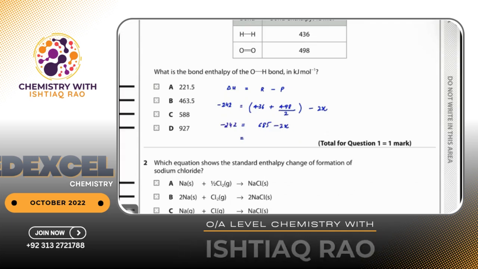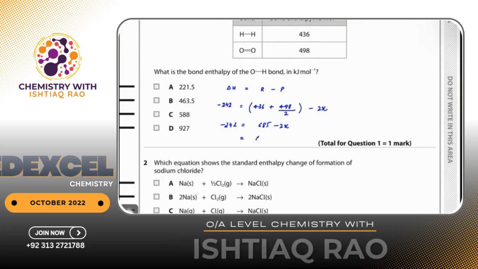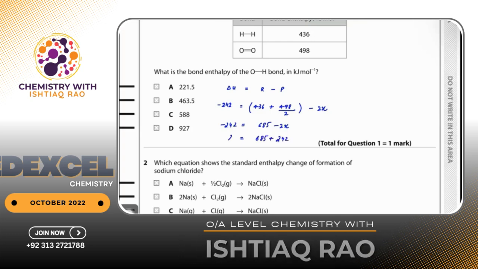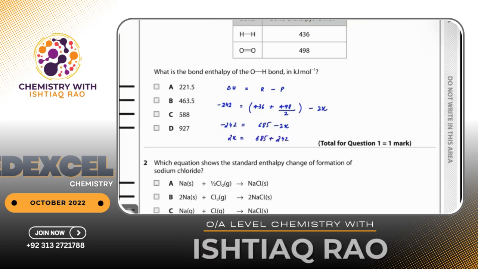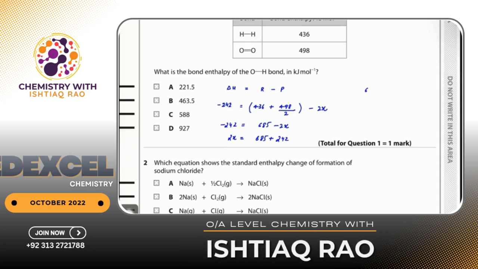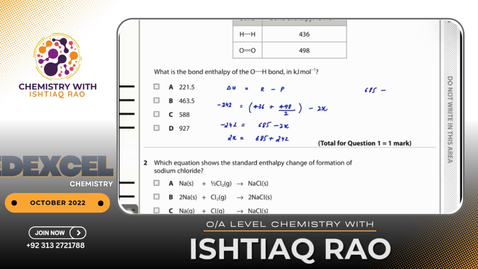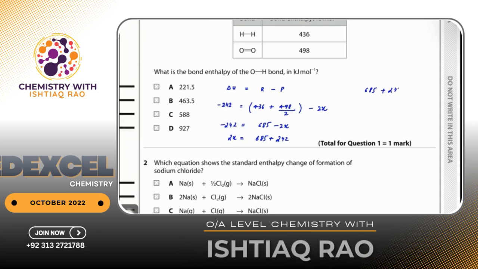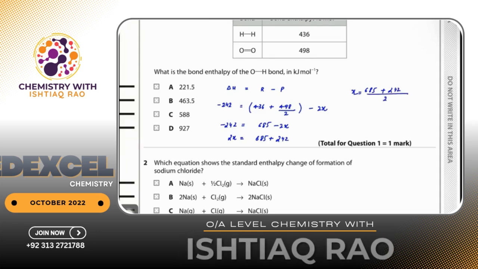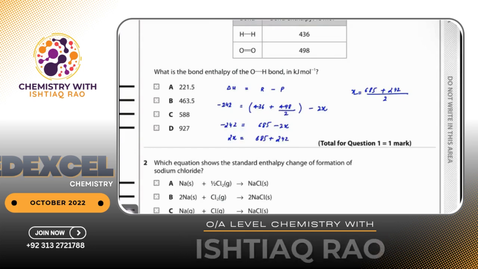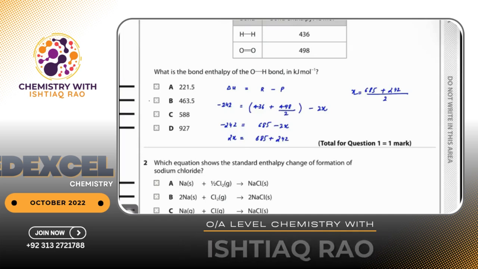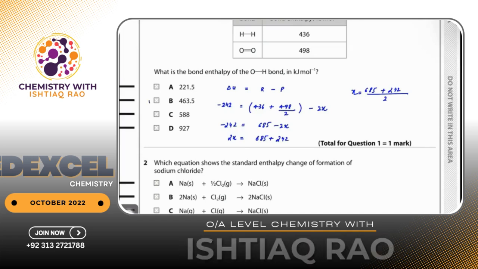So 685 plus 242 is equal to 2x. So x would be equal to 685 plus 242 divided by 2. So the answer would be positive. All the answers are in positive. So this is B, 460. Yeah, B is correct.